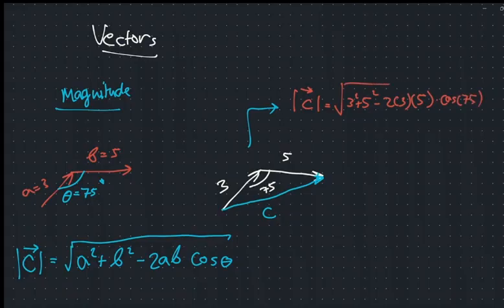And now feel free to use your calculator. I'm just going to simplify it quickly. So the square root of 9 plus 25 minus 6 times 5, that's 30, times cosine 75.